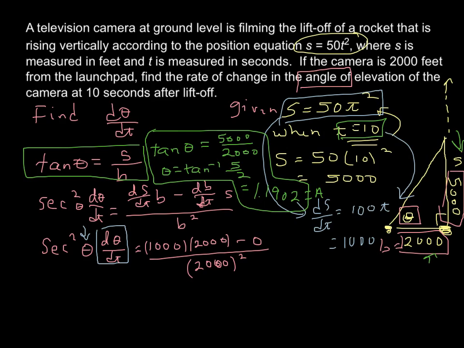So what we have is secant squared of 1.1902, or you could write it as A or whatever letter you assigned, times d theta dt equals, and when you work all of this out, you get a really large number: 2 million over 4 with a lot of zeros.